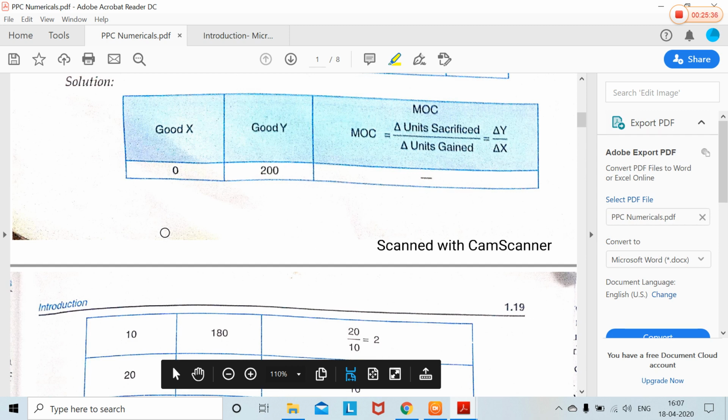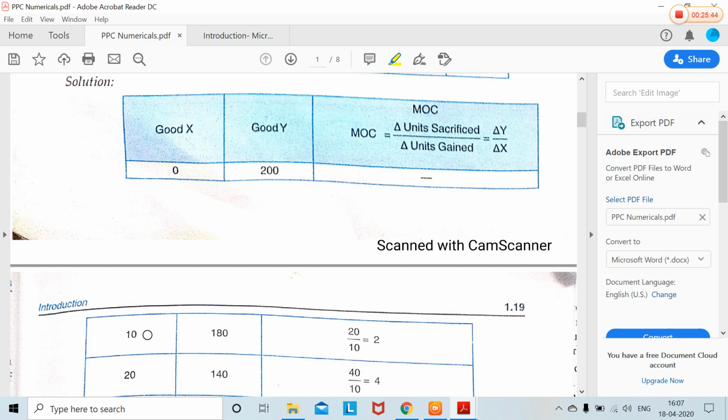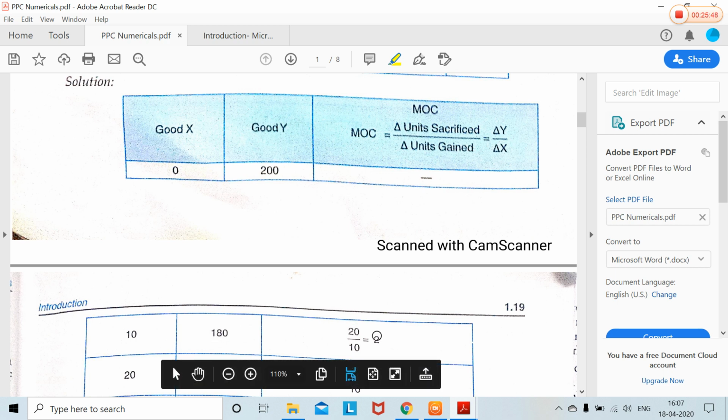Had it been 0 and 1 here, then the MOC would have been 20 only. If the economy was going from 0 to 1 and 200 to 180, we would have simply written MOC as 20, because MOC is the number of units lost for the gain of 1 unit of the other good.